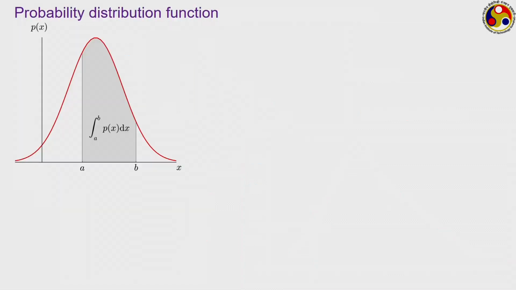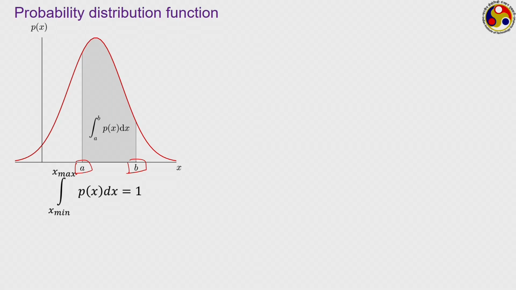So, that takes us to something known as the probability distribution function. Quite often probability distribution functions have a form like this, which has a peak somewhere and generally decreases on either side. If P is the probability distribution function, then the total probability of data appearing between A and B is just the area under this particular curve.